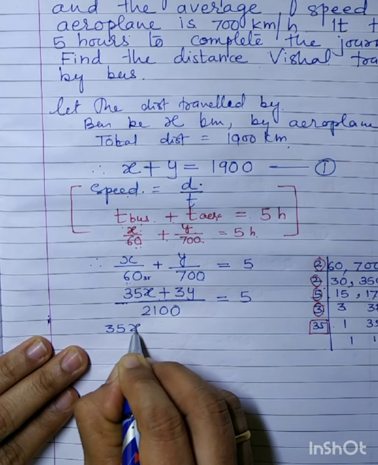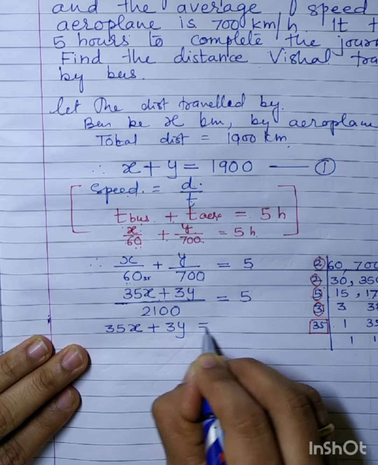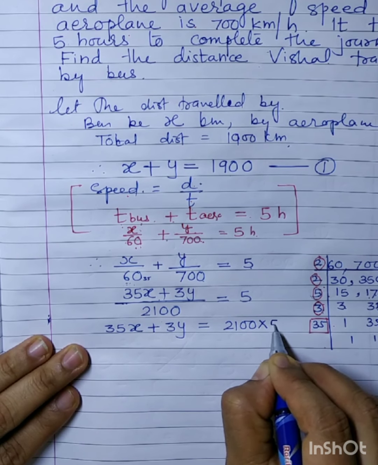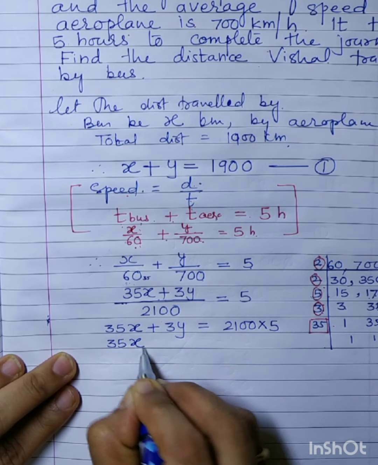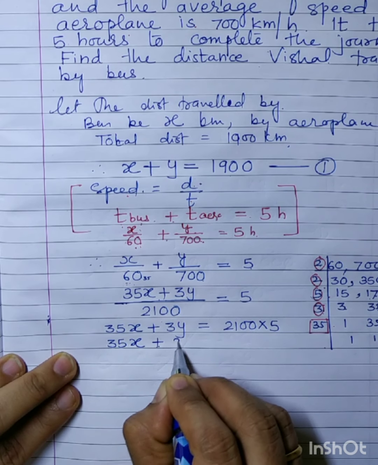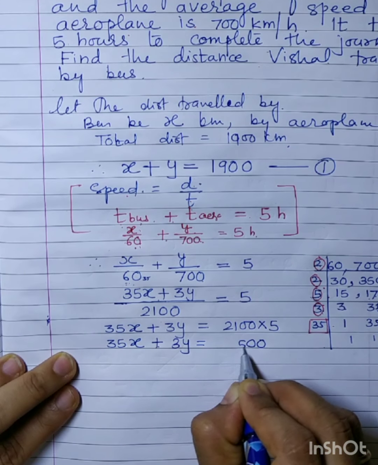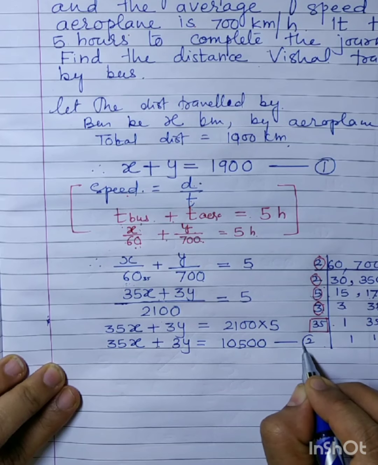Then you get 35x plus 3y is equal to 2100 multiplied by 5. Now you cannot do any more simplification. 35x plus 3y is equal to 105 here. This is our equation 2.